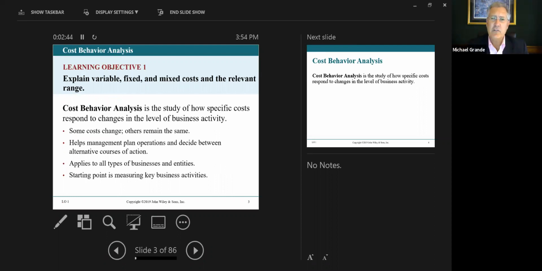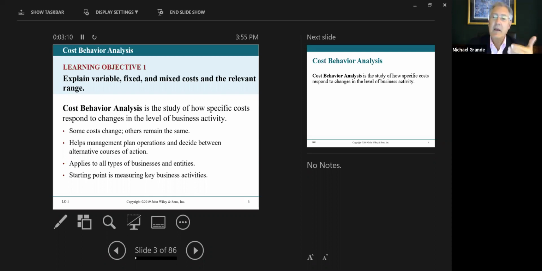So our first learning objective deals with cost behavior analysis, which is a study of how specific costs respond to changes in the level of business activity. Some costs change with activity, others remain the same. This helps management plan for operations and decide between alternative courses of action.